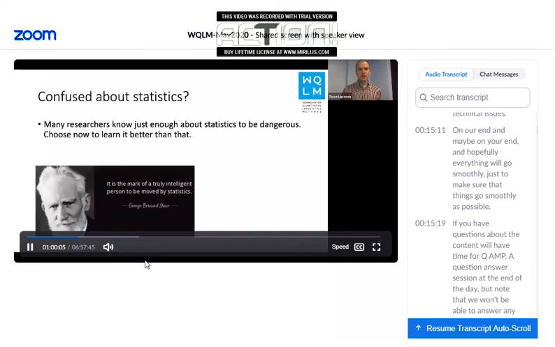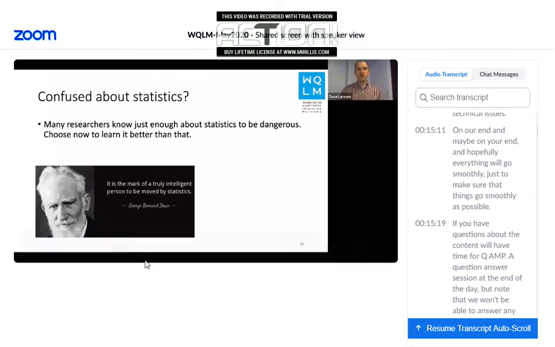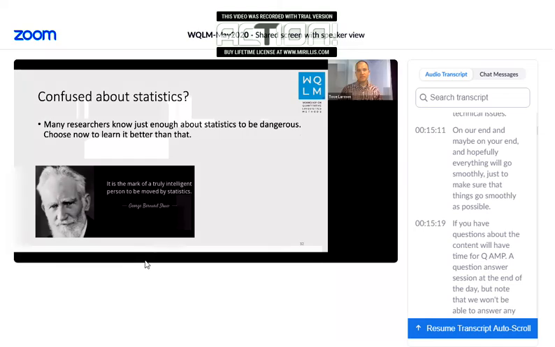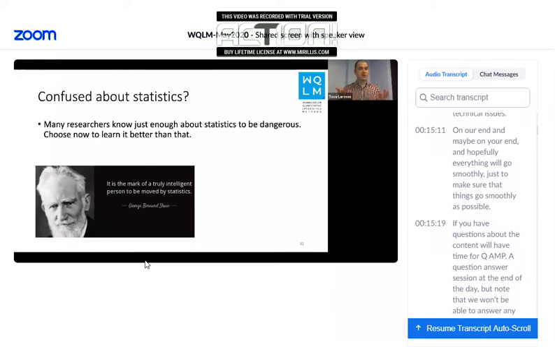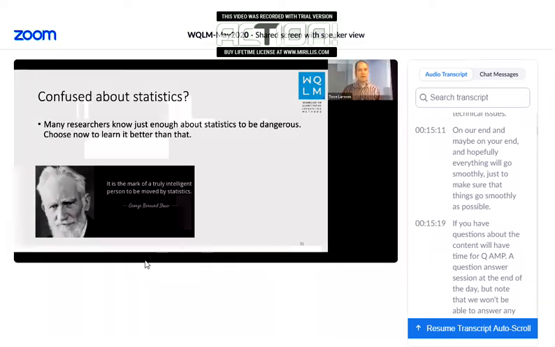Okay. I think many researchers know just enough about statistics to be dangerous. They know enough to click buttons and to produce results on a page, but maybe not enough to actually explain their results or to even interpret them.